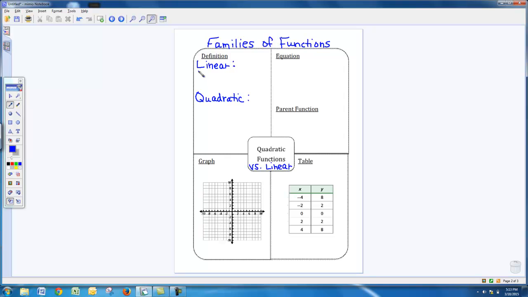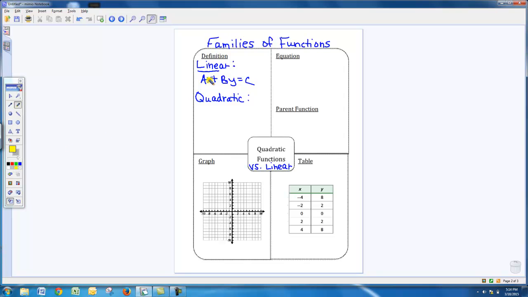The word linear has the word line in it. And the standard form of the linear function is ax plus by equals c.